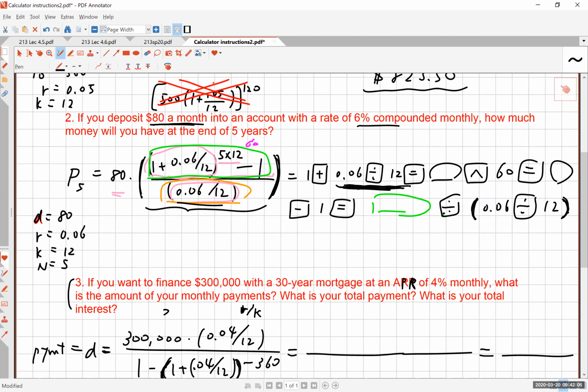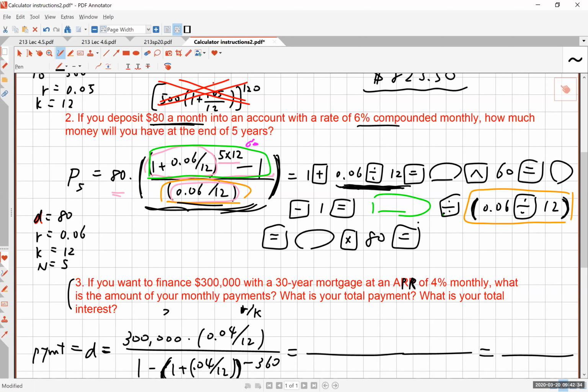This will allow you to calculate the denominator as one quantity. And so now you are dividing your numerator by the denominator, and that is going to be equal to everything that's in here. And then you multiply this by 80 and press equals, and that's your answer.